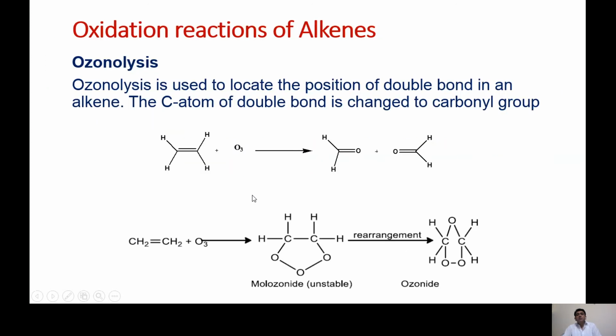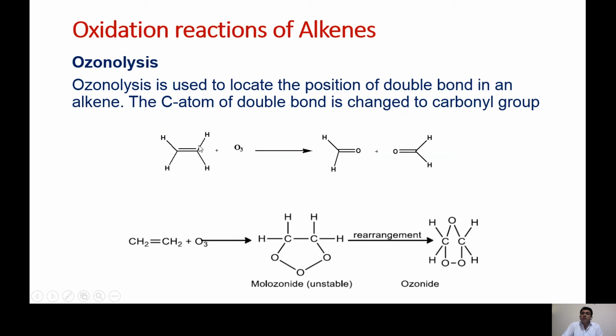Next, very interesting, is ozonolysis. This is the reaction of alkene with ozone. We know O3 is ozone. By the addition of ozone, this bond is going to break. The carbon double bond carbon is going to break, and we get the carbonyl compound. Previously there was no reaction in which both bonds break.